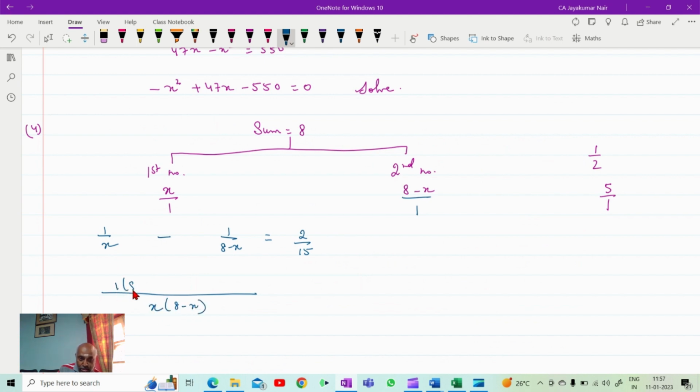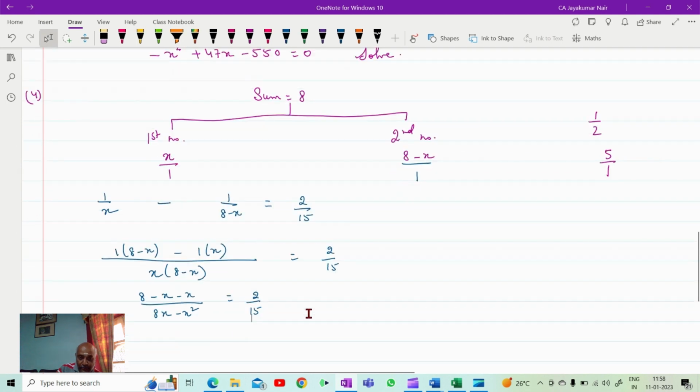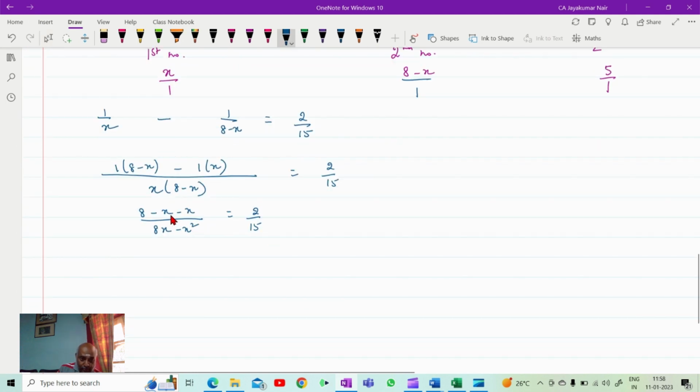This will be 1 into 8 minus x minus 1 into x, so this into this and this into this, is equal to 2 over 15. So we have 8 minus 2x over 8x minus x squared is equal to 2 over 15. So this is what we have now.